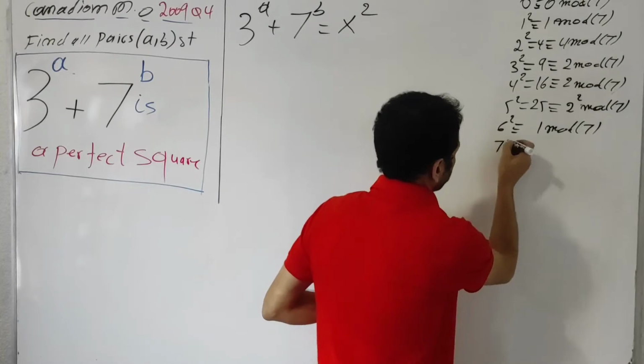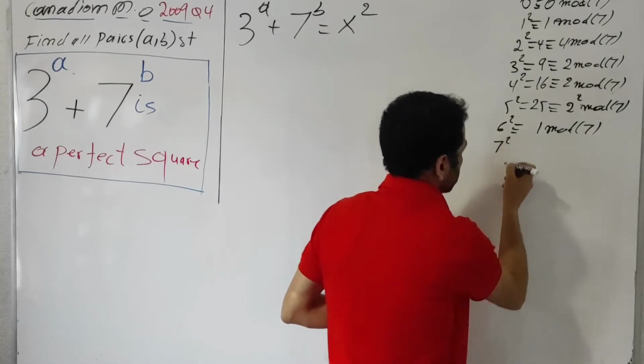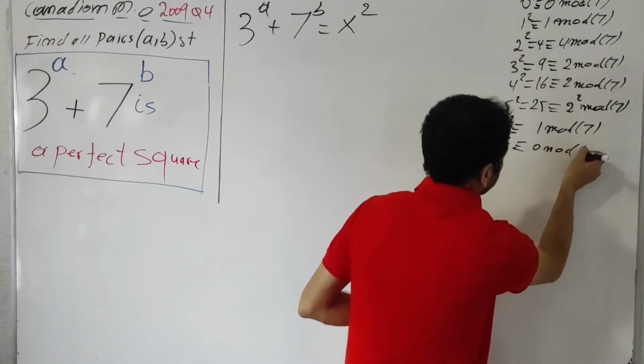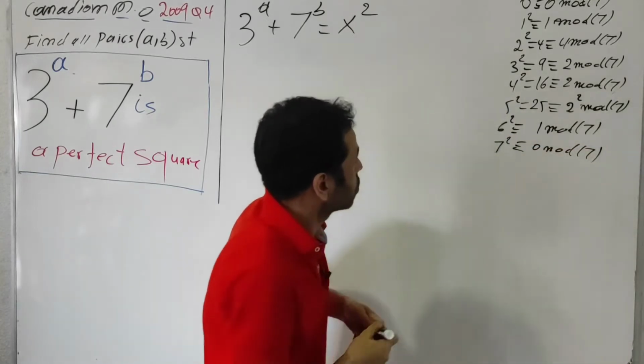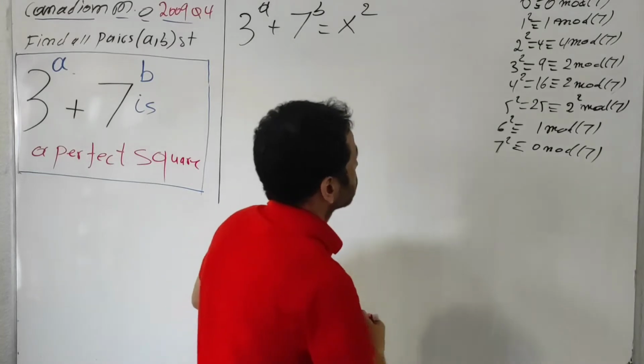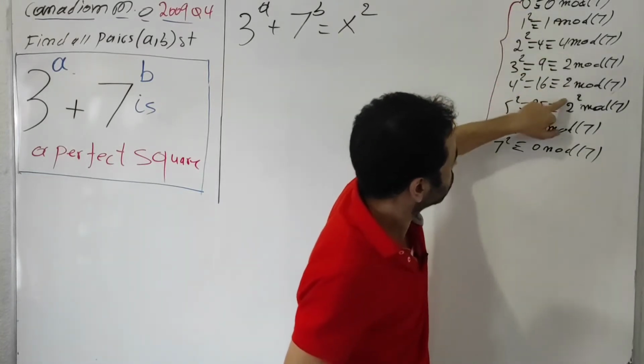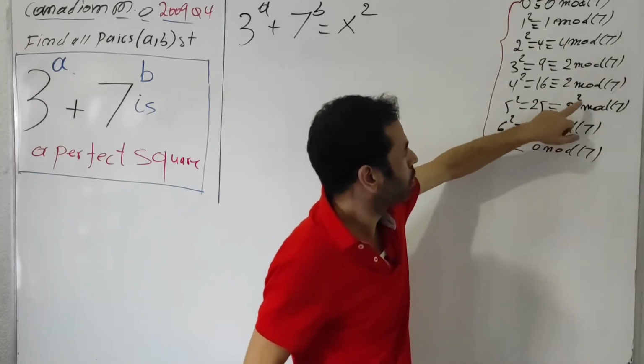Let's check the last one: 7 squared is 49, which is 0 mod 7. So if you check here, 0, 1, 2 and 4 are the only perfect squares mod 7.